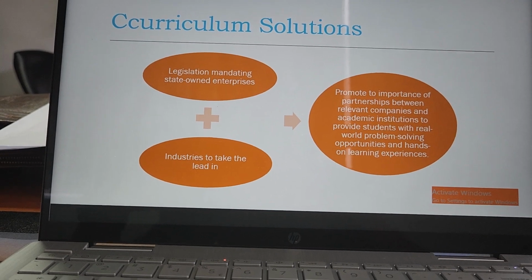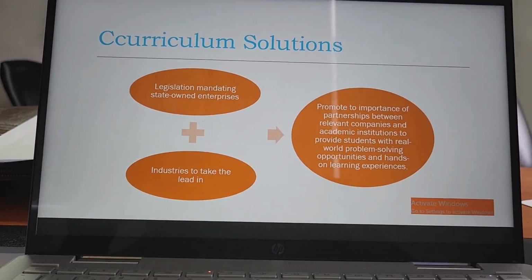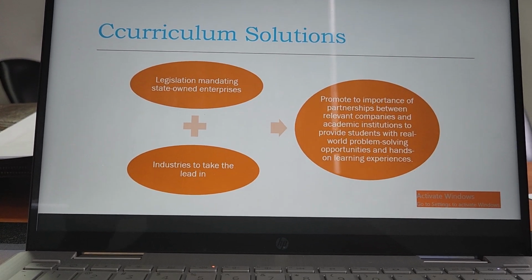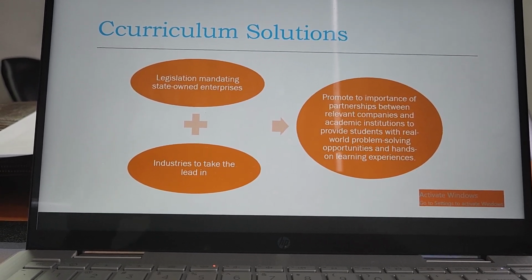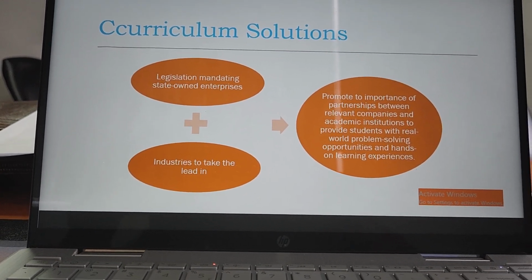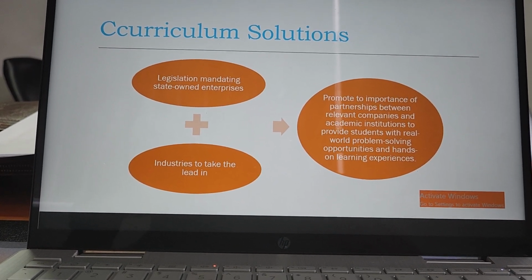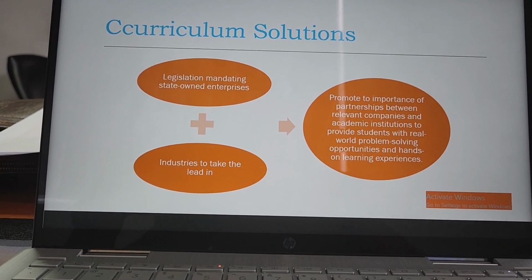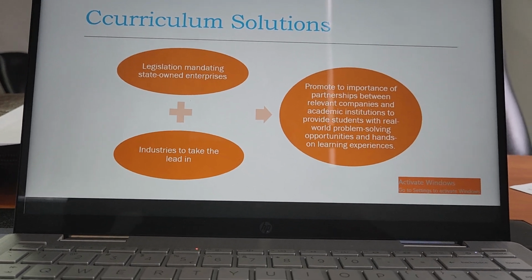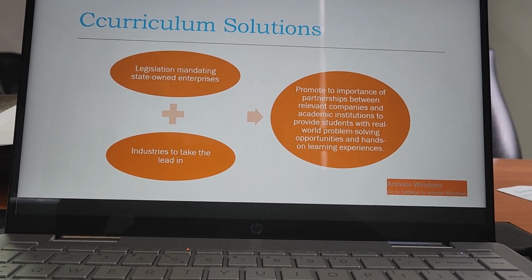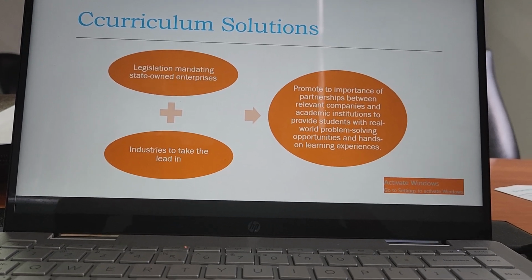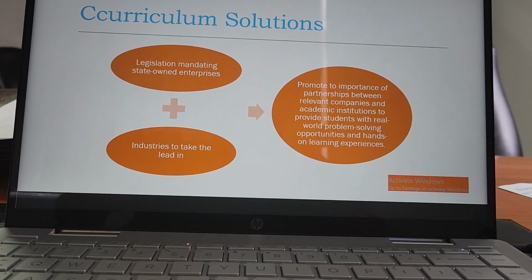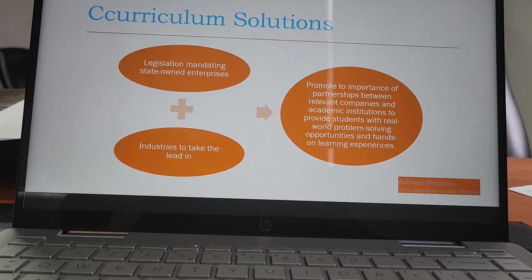We are a government-owned education sector, and if government were to mandate its own SOEs and make them our industries where we place students, a lot of our problems will be reduced in that way.